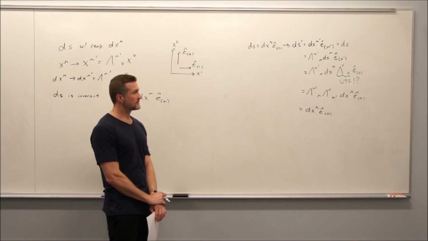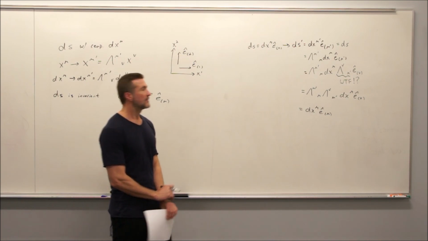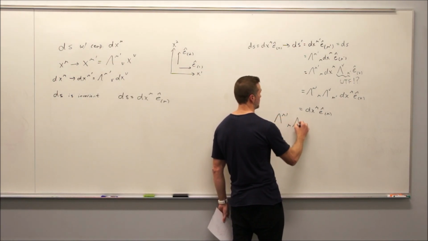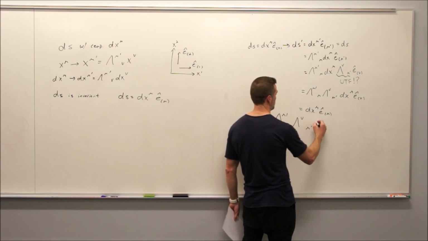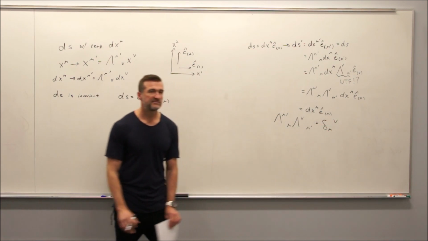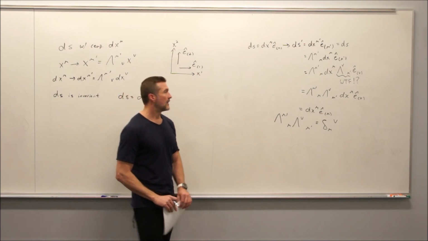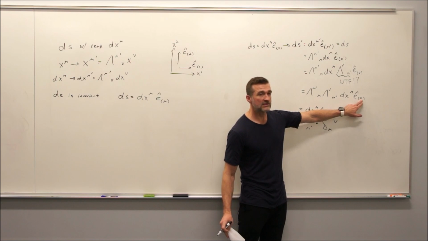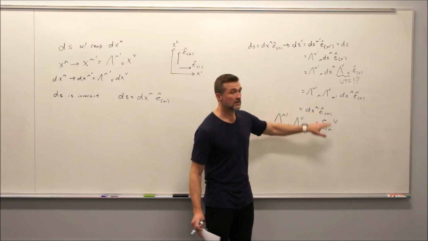The two lambdas have to be inverses of each other? The two lambdas have to combine to give me a delta function on mu and mu. Because I need something which is going to turn that mu index into a mu.